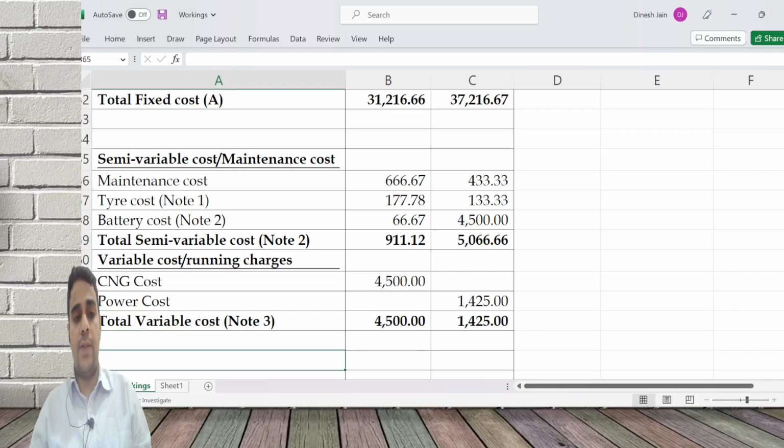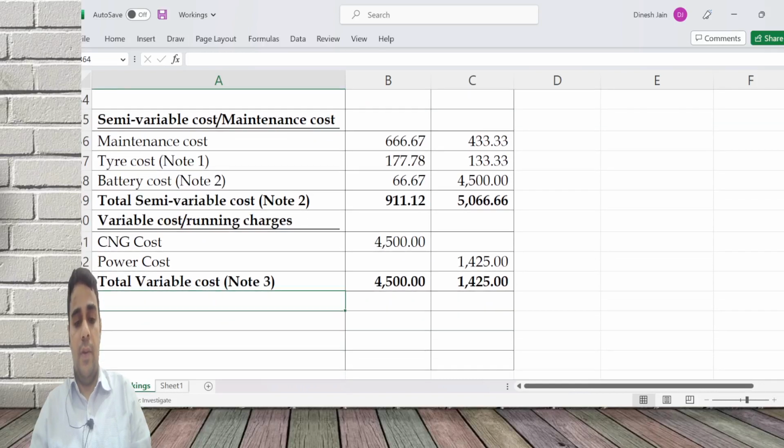Total variable cost. Finally, total cost.